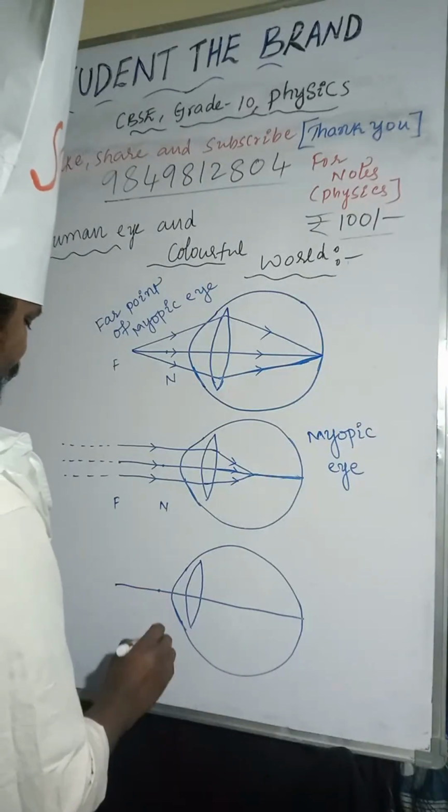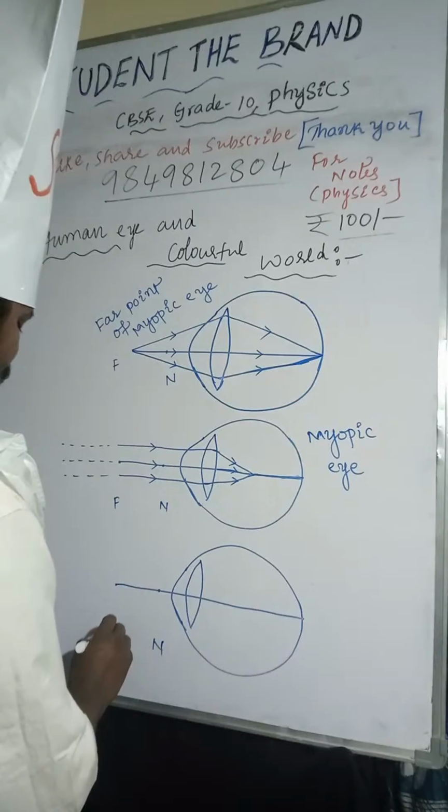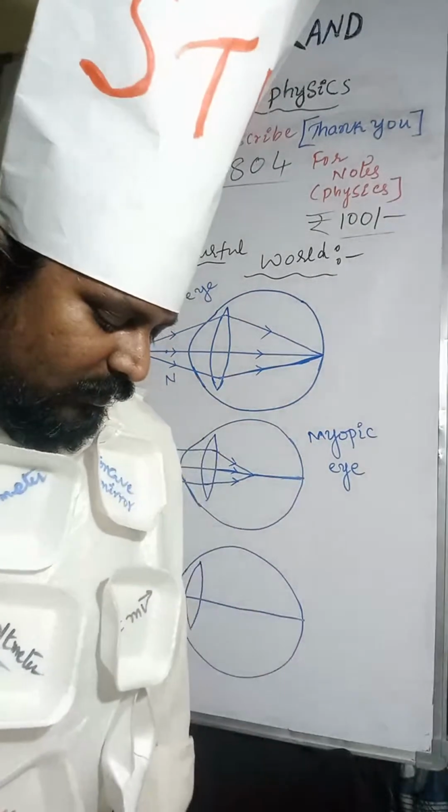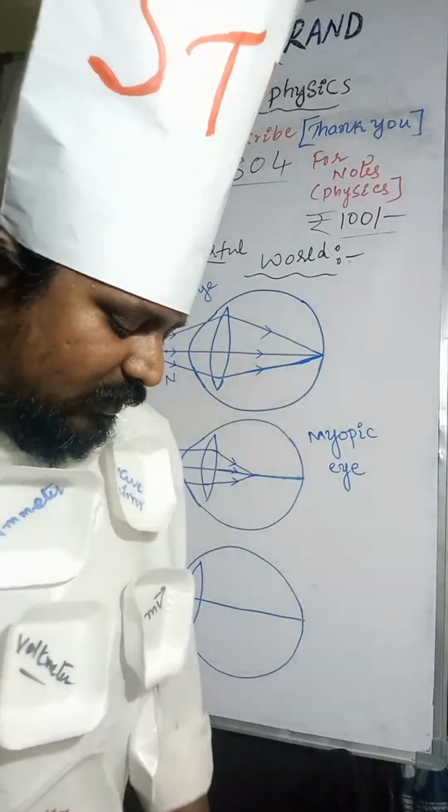The light rays are coming, this is a near point and this is a far point. So we are using a concave lens.